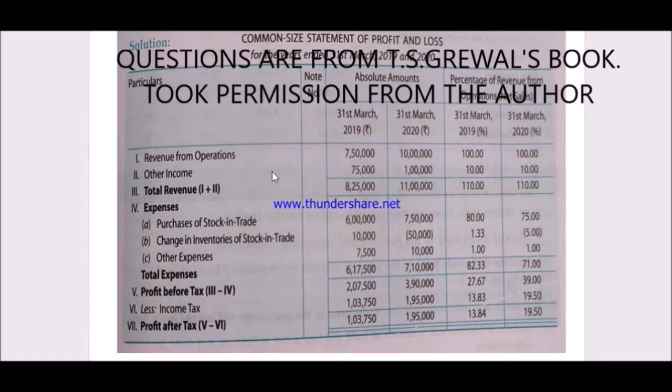What did I say? The individual item, in this case the other income, divided by revenue from operations, into 100. In this case, 75,000 divided by 7,50,000 into 100 is equal to 10%. Okay.